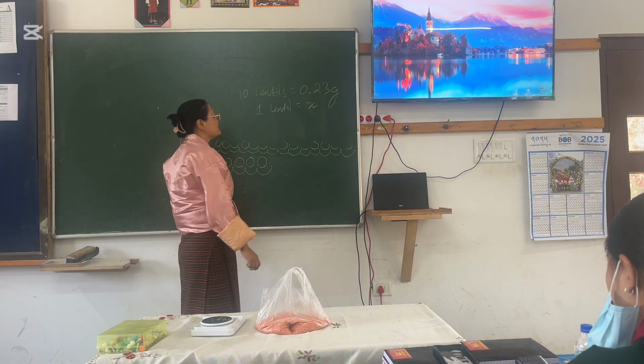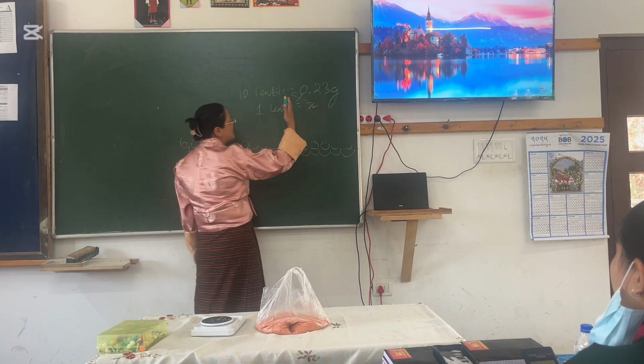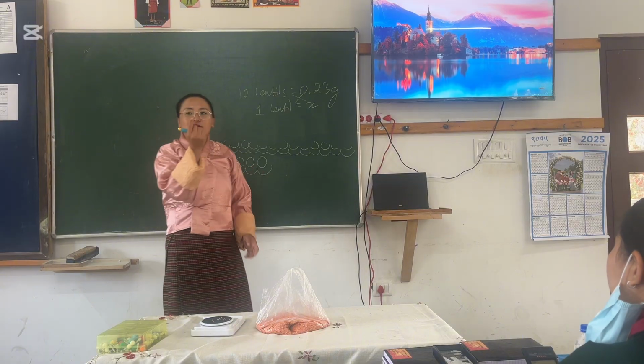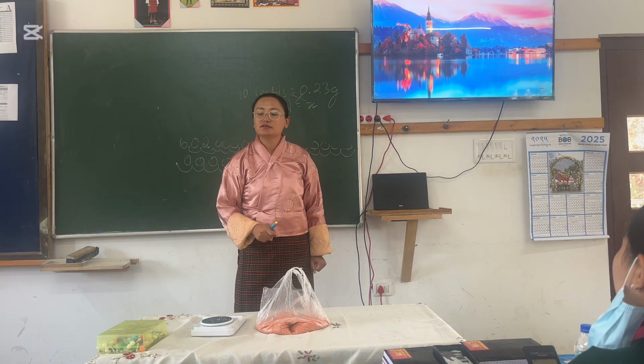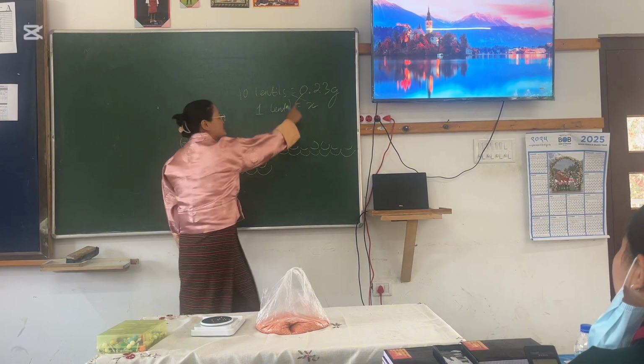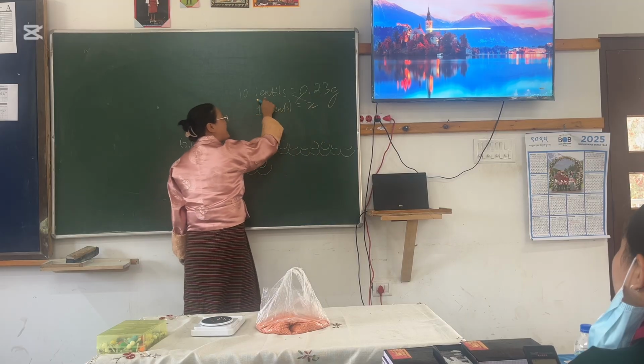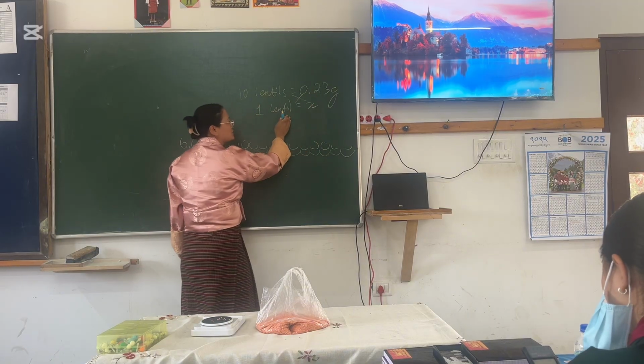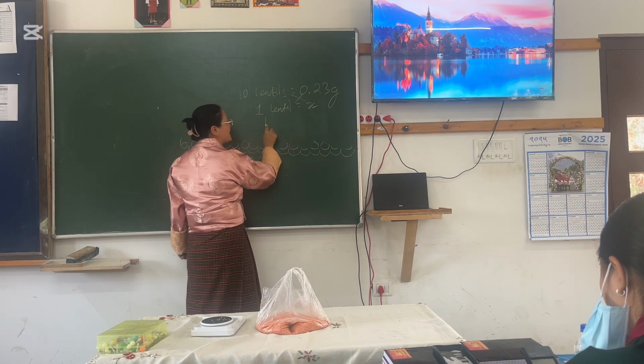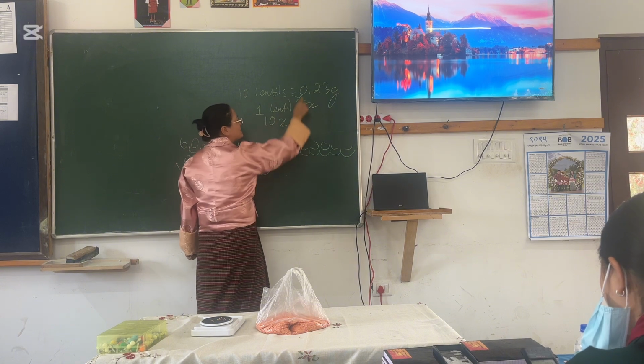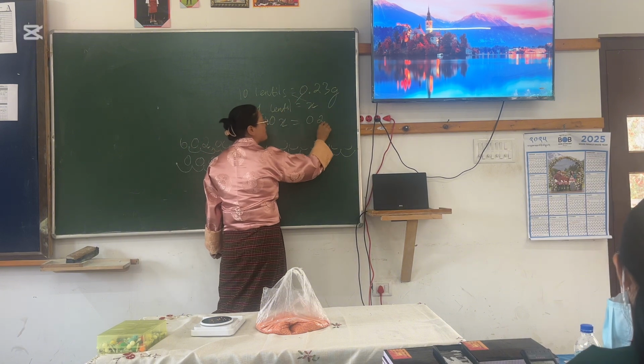Cross multiply. Okay, without cross multiplying also, how will you find out the weight of 1 lentil? 0.23 divided by 10. Otherwise, you can use cross multiply: 10 times x equals 0.23.